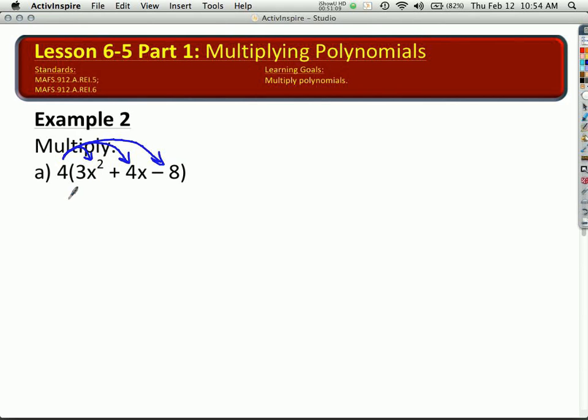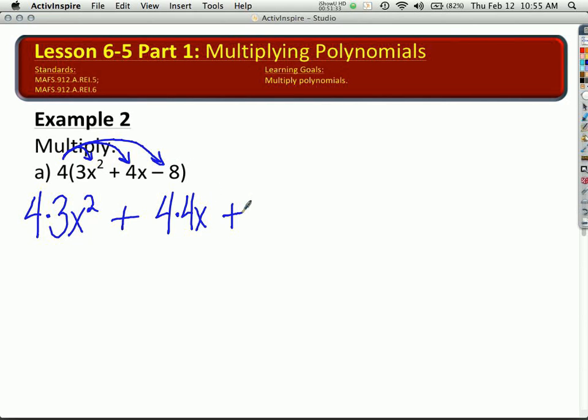So it's 4 times 3x squared. So now you can join me. We're working together. 4 times 3x squared is the first arrow. But now we have this plus sign here. Then it's 4 times 4x. Then we have this subtraction, but we know that that's really just addition of a negative number. So you can see that that's a negative 8.